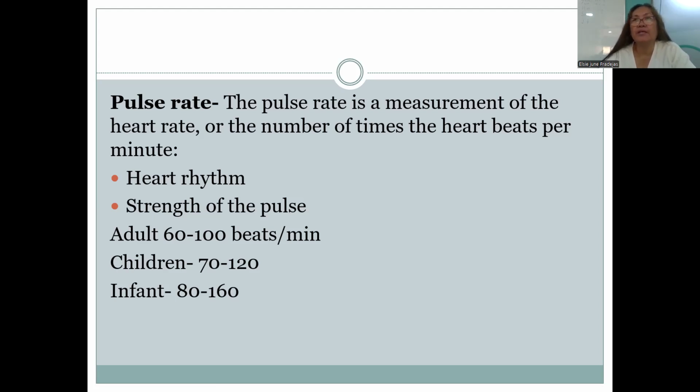It can be bounding, it can be weak, or it can be strong. Next, the normal heart pulse rate in adults is 60 to 100 beats per minute. For children, it's 70 to 120. And for infants, we have 80 to 160.